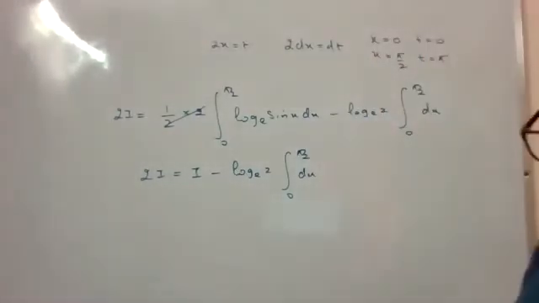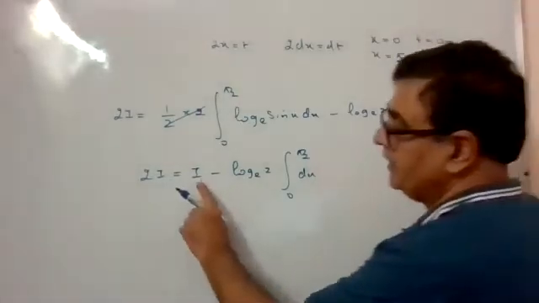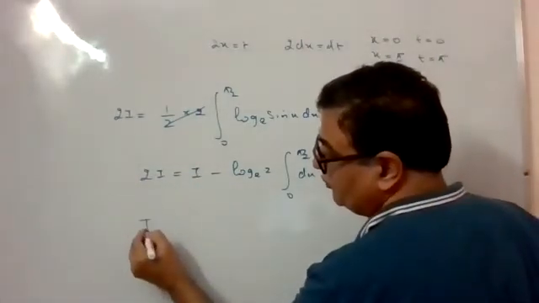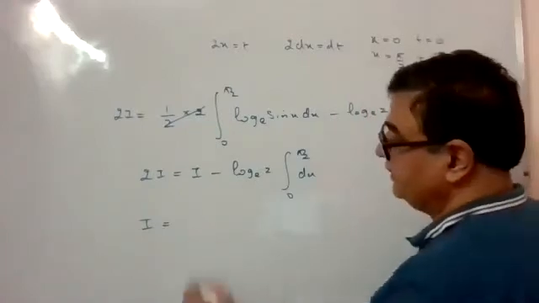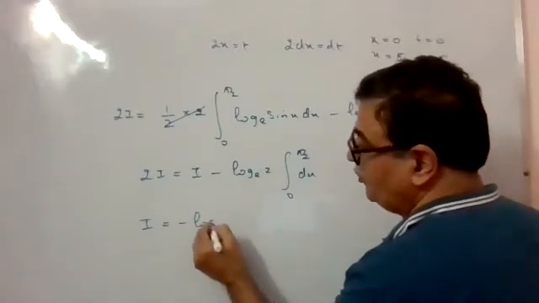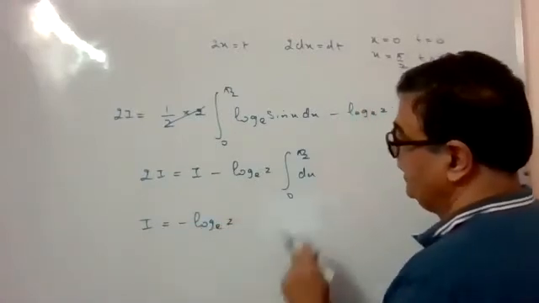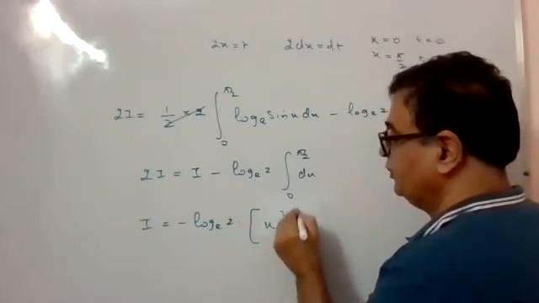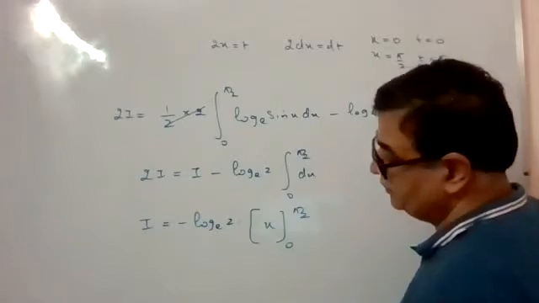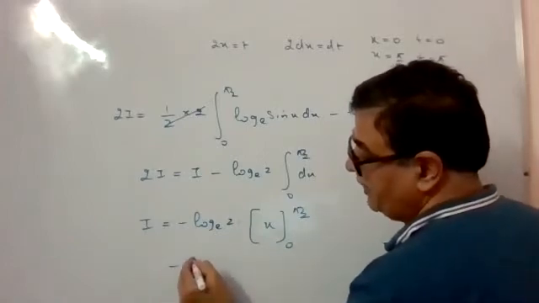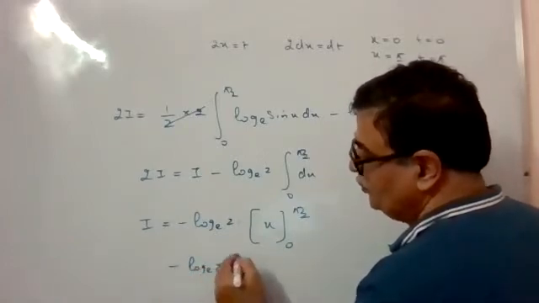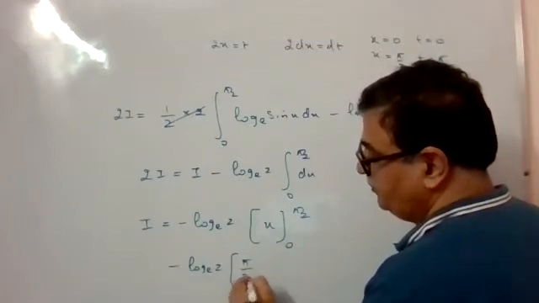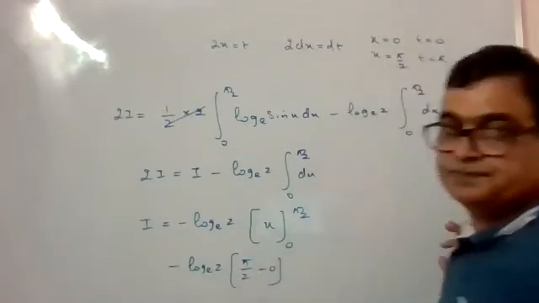Then it comes out to be 2I minus I. This I will go this side, so only I is left. And then the result is minus of log 2, and here the integration will be simply x, and the limit is going from 0 to pi by 2. Or I should say minus log of 2, this will be pi by 2 minus 0.